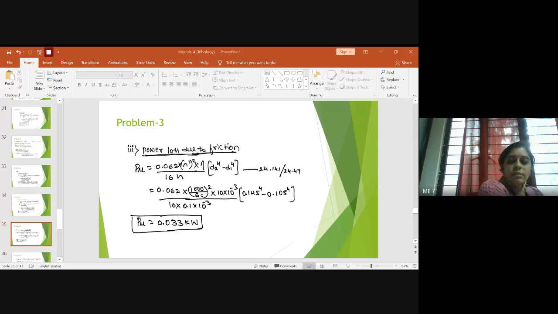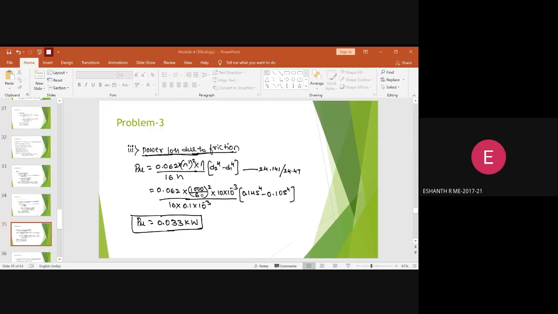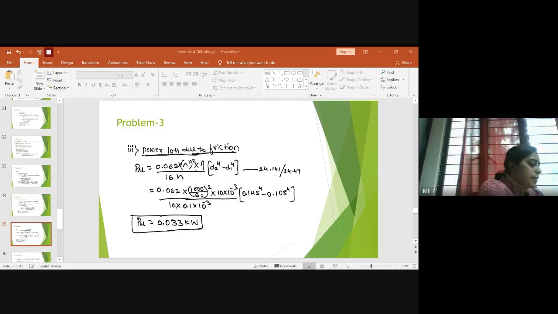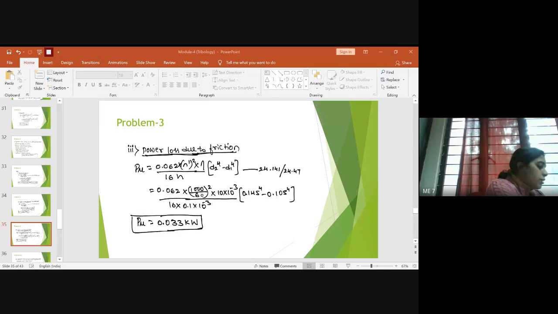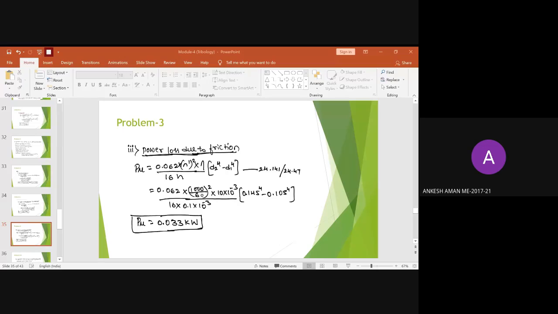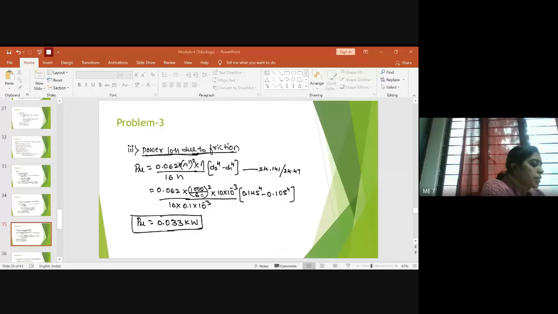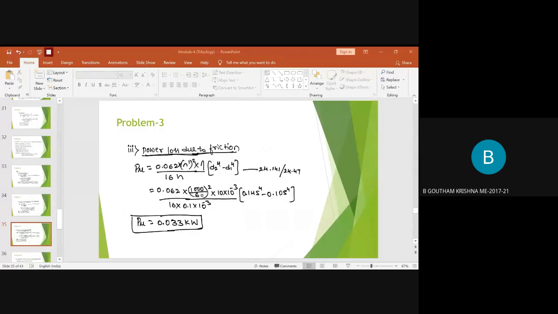Ankesh Aman: Ma'am, Anil had his patentability review. Yes, he is in his patentability review, right? Yes, ma'am. Okay, I'll put it down for him. Ankesh Aman, yes, ma'am. Gautam Krishna, yes, ma'am.